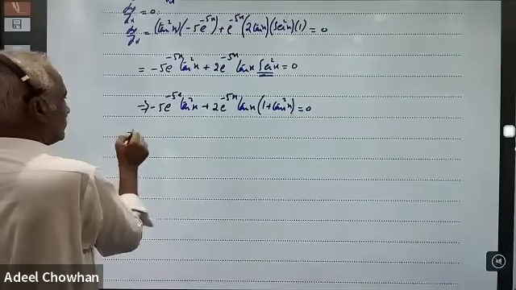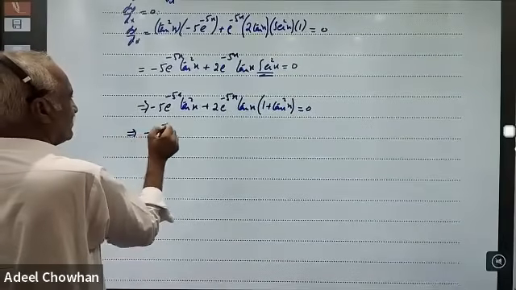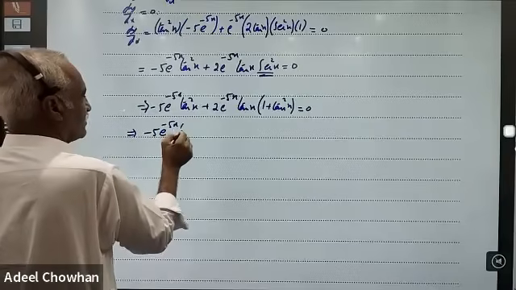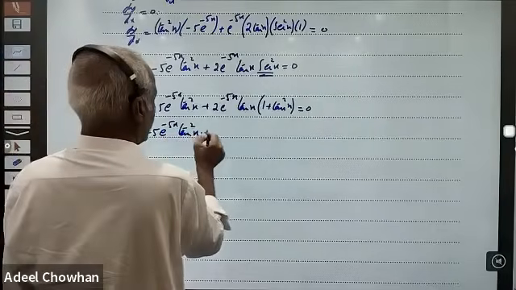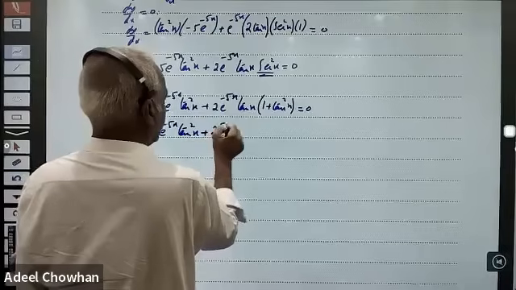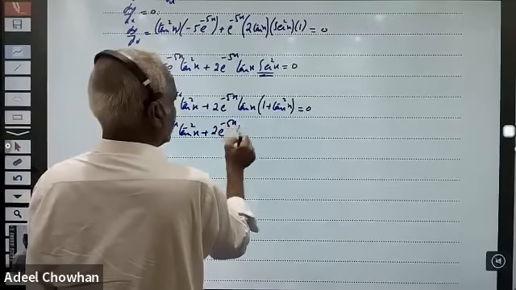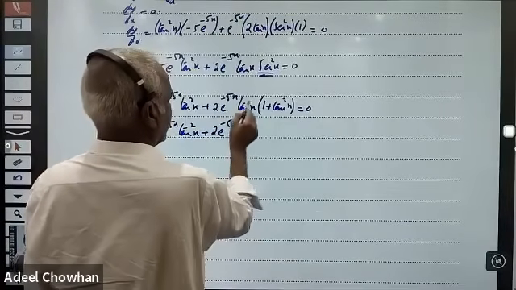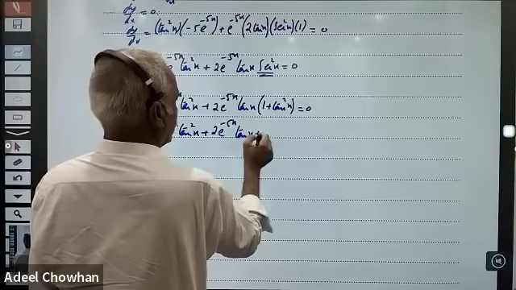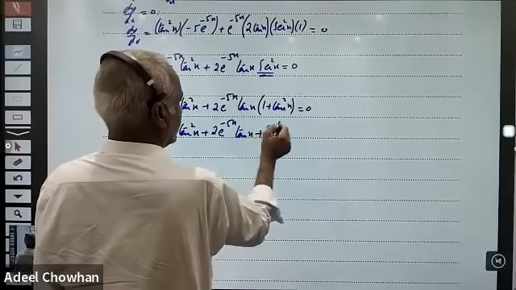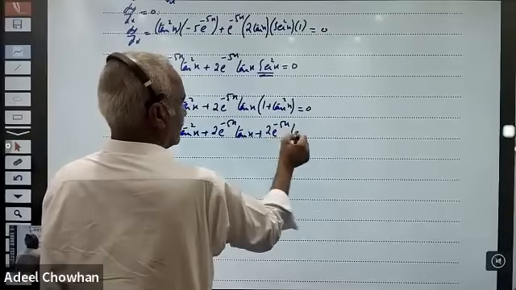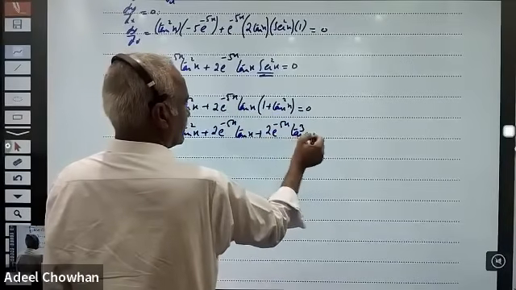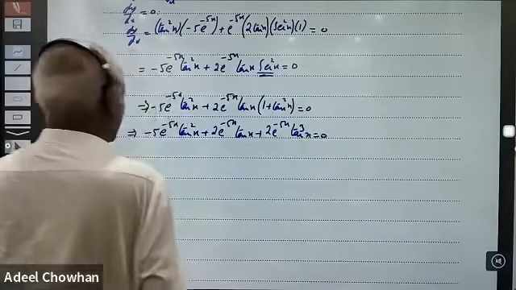So this will be equal to minus 5 e power minus 5x tangent square of x plus 2 e power minus 5x tangent of x plus 2 e power minus 5x tan cube of x equal to 0.